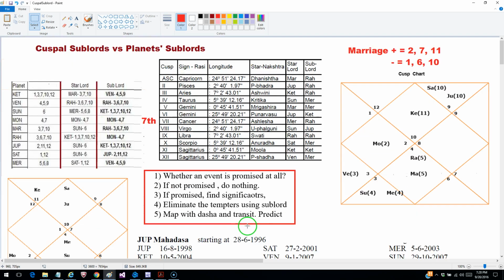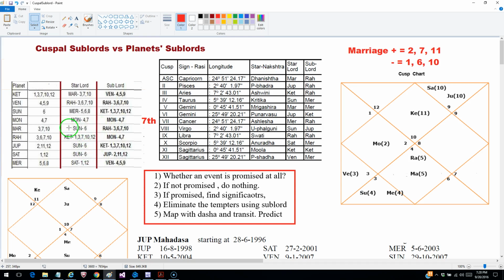But if you look at the cusp chart, and if you follow the Krishnamurti Paddhati, where Krishnamurti says a planet first gives the result of its star lord, so if you look at this table, then you would find that Mars is predominantly giving the result of the sixth house, and Jupiter is giving the result of the sixth house, Saturn is giving the result of the sixth house.